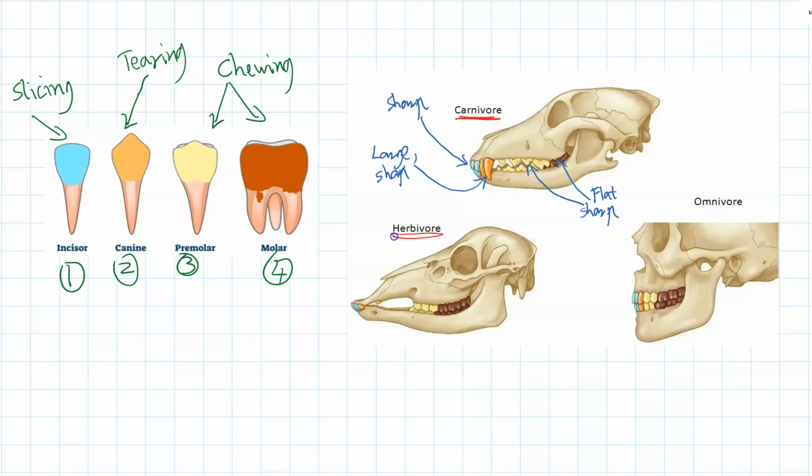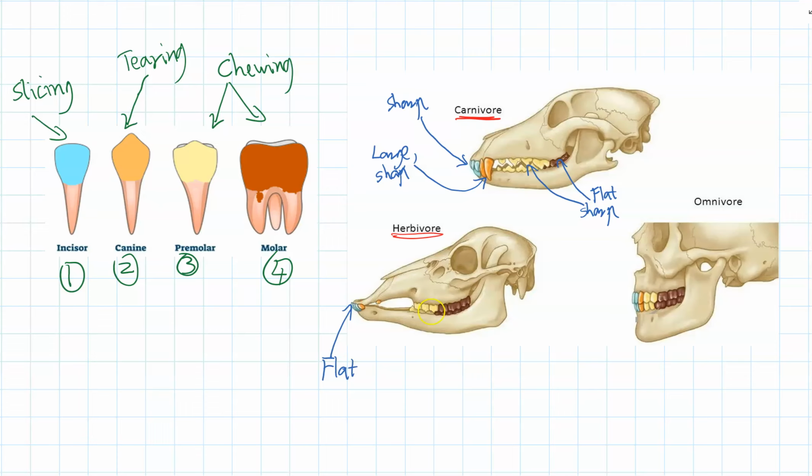Okay, next, herbivores. Herbivores have flat incisors, and they barely have any canines at all because they don't need to tear any meat because they're not eating any meat. So they have flat incisors, which help them to grab onto grass or leaves and pull it off the plant into their mouth.